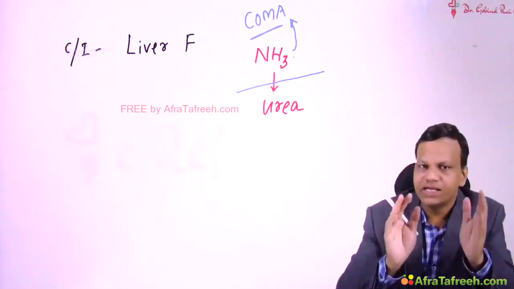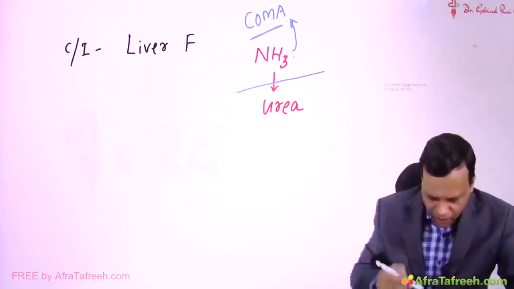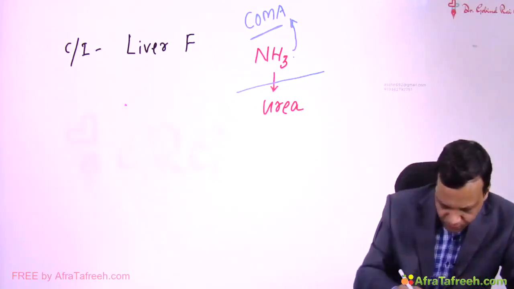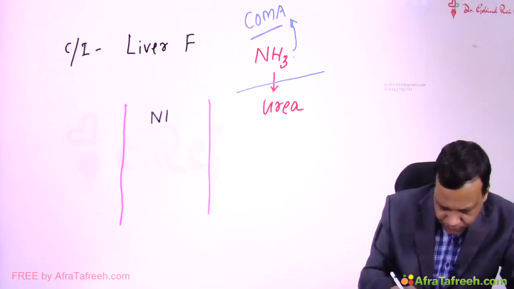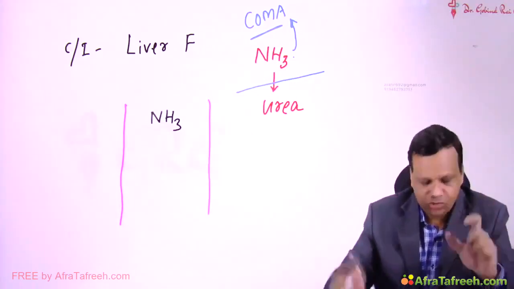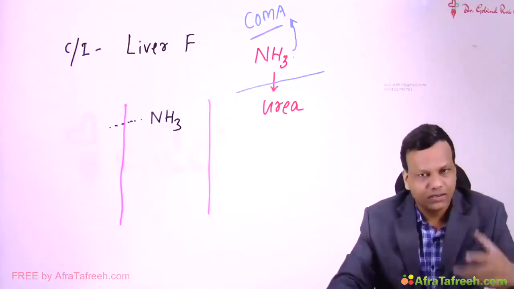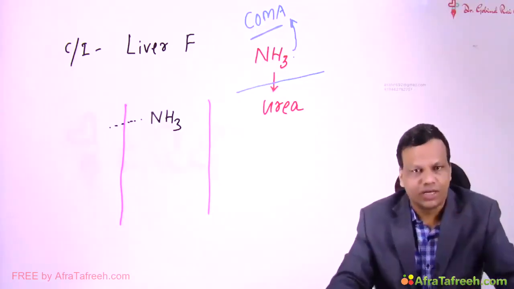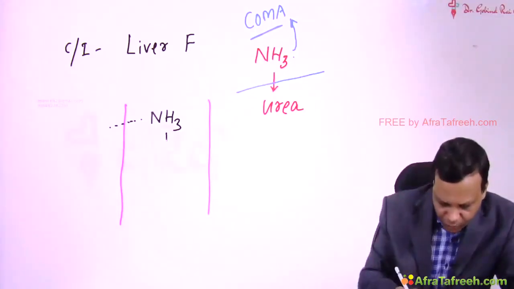So now the kidneys take the responsibility of removing the ammonia. How kidneys remove the ammonia is, ammonia is filtered and comes into the tubules. We know ammonia is non-ionized, so it can be reabsorbed back because it is lipid soluble. But whenever ammonia comes in the urine, because of the slightly acidic nature of the urine, we have free protons available in the urine.